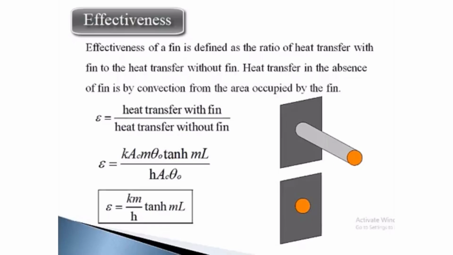So if effectiveness is less than 1, the heat transfer is getting reduced by providing the fin, and this is not advisable. Always the heat transfer should increase, and effectiveness should be greater than 1, and that is desirable. I hope all of you understood the effectiveness of a fin.